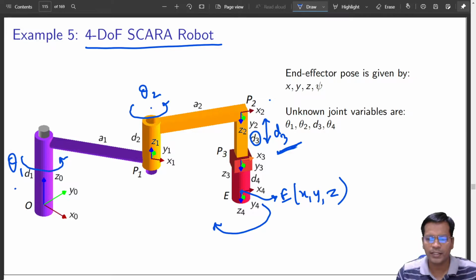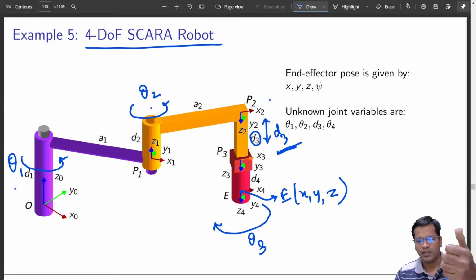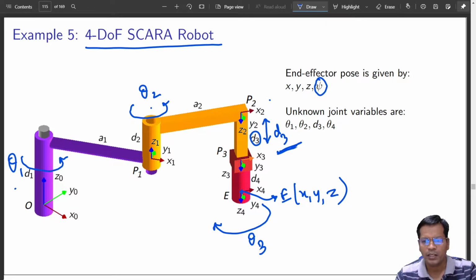Additionally, you have a last degree of freedom, that is theta 3. So going to any place, now you can rotate something. That means you also have a last variable which can be adjusted. So that is directly related to theta 3.